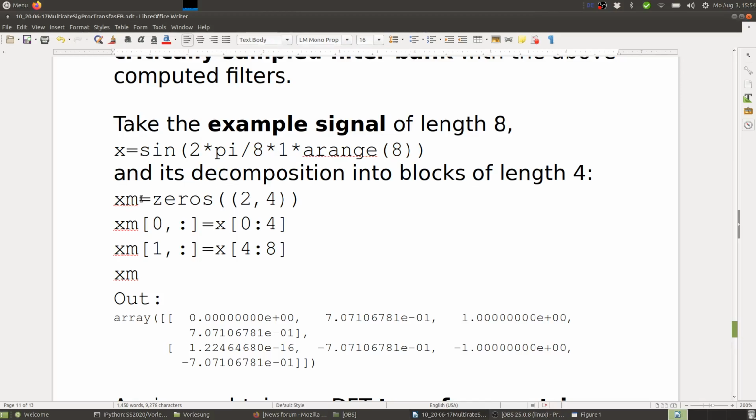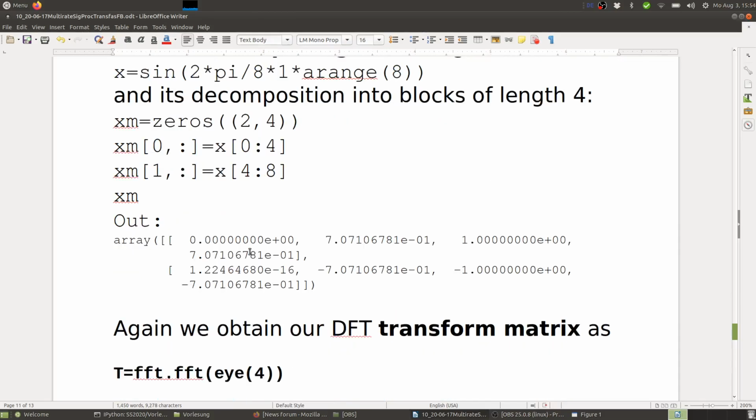Then we construct xm as a sequence of blocks. So xm of index 0 contains the first block, the first 4 samples. xm of index lowercase m equals 1 gets the second block, the last 4 samples. So here's the result. You can see the first 4 samples in the first block. Here you can see the second 4 samples in the second block.